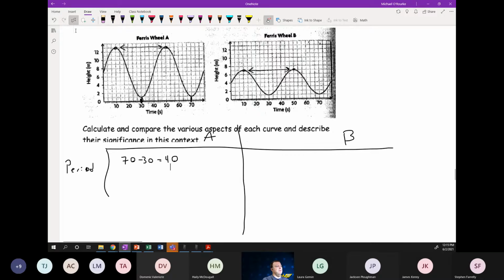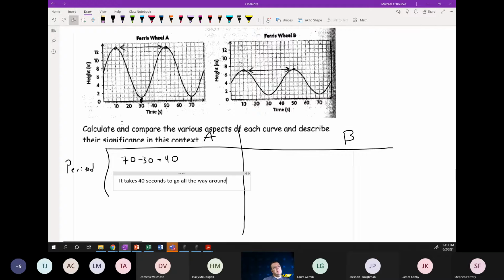So in context, it takes 40 seconds to go all the way around the Ferris wheel. Does that make sense to everybody, how I got that and the context to it?